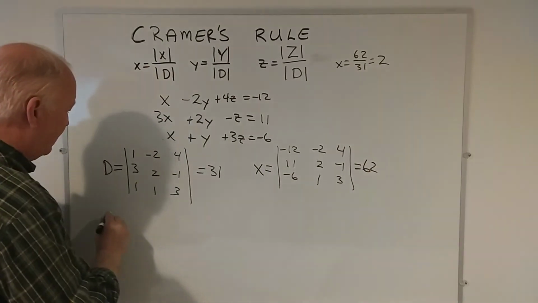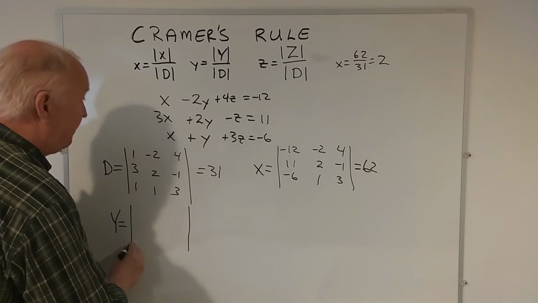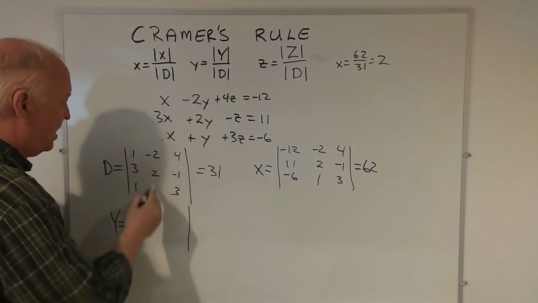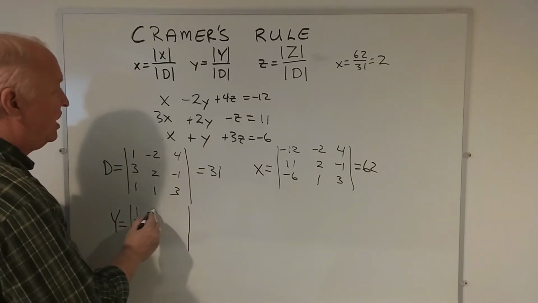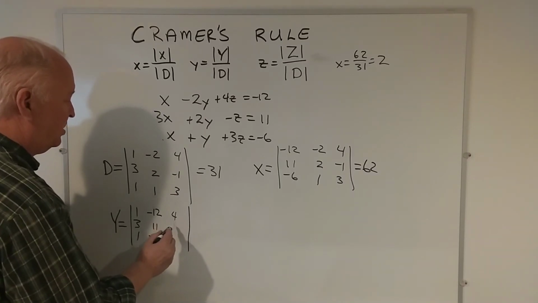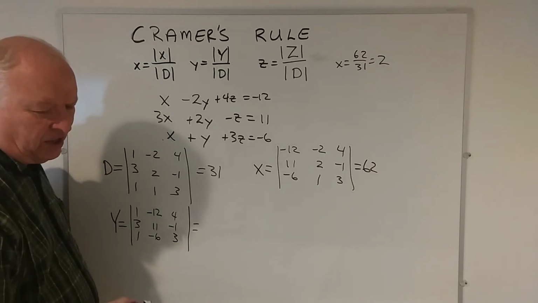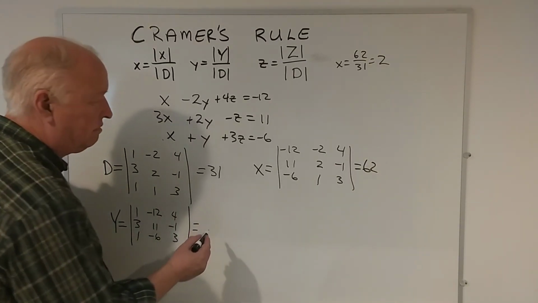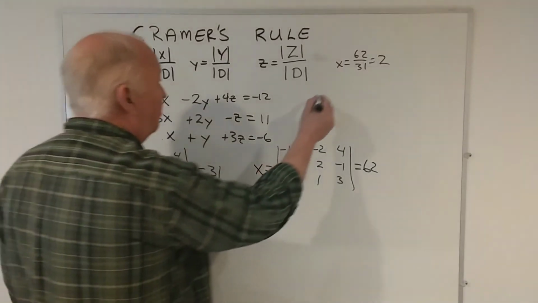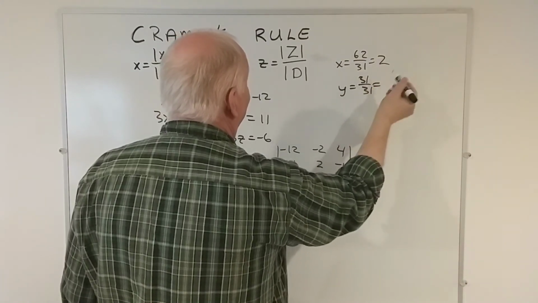The Y matrix, and here we have 1, 3, 1, and now it's the Y column that we're replacing with negative 12, 11, and negative 6. And then the Z remains the same. And the determinant of this comes out to be 31. And so we see that Y equals 31 over 31, which is 1.